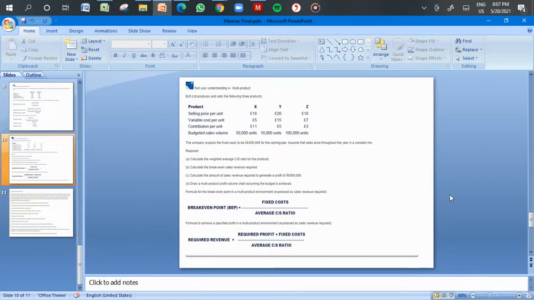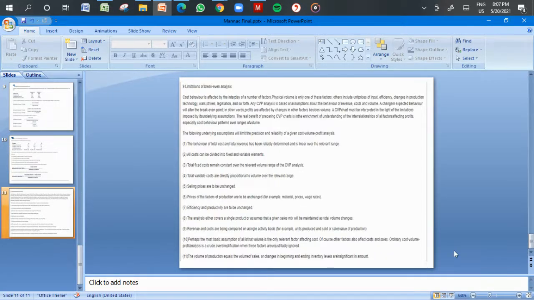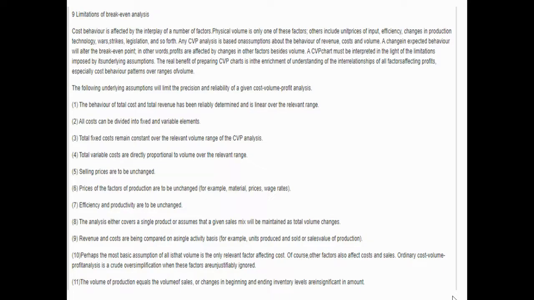Sometimes, if they are going to ask about break-even point, you have to know the assumptions. The assumptions become the limitations because they limit the precision and reliability of our analysis. We have 11 assumptions. If you can just produce 2, 3, or 5, you'll be good to go.